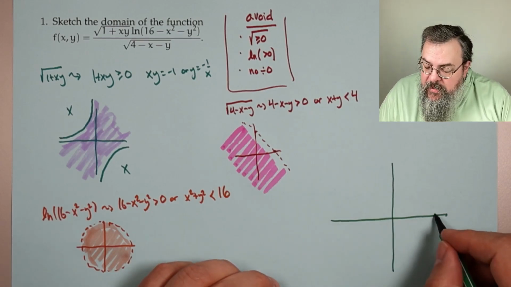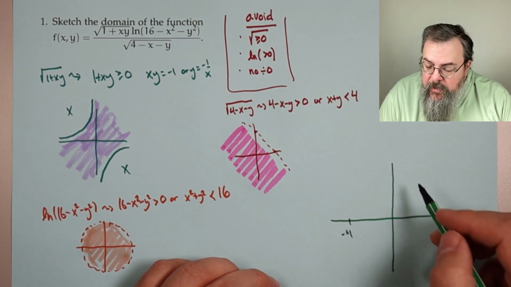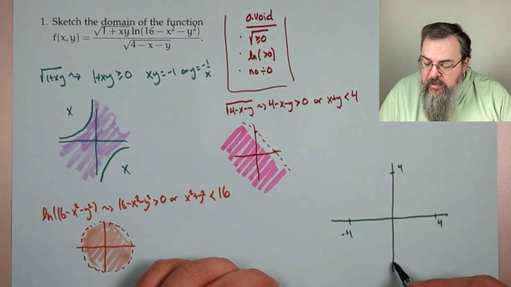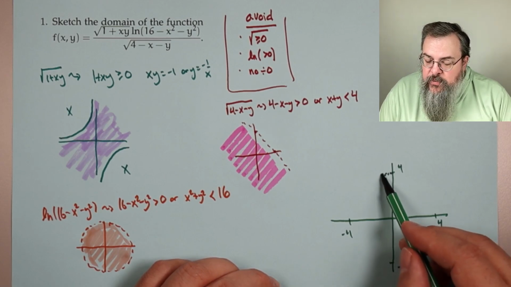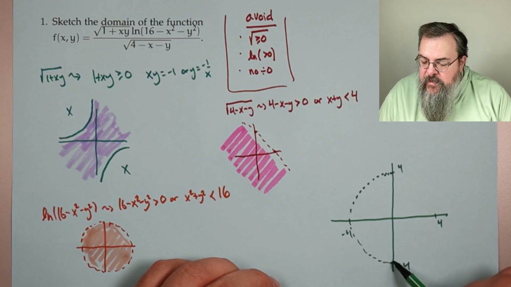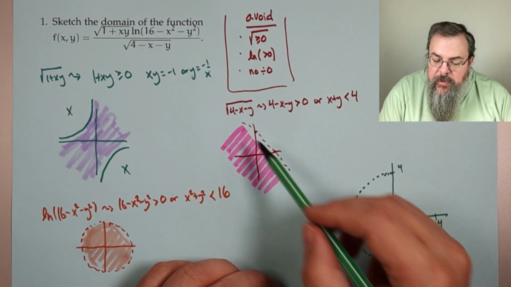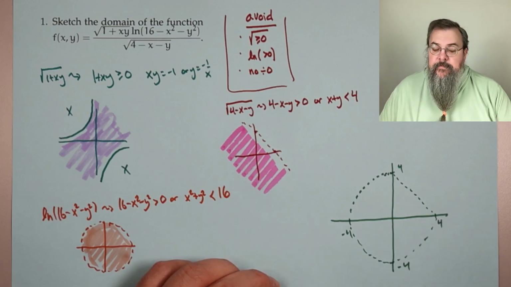So I'm going to mark some numbers here, 4, and negative 4, positive 4, negative 4. There is the circle. We have to be inside the circle. But we also have to be below that line.